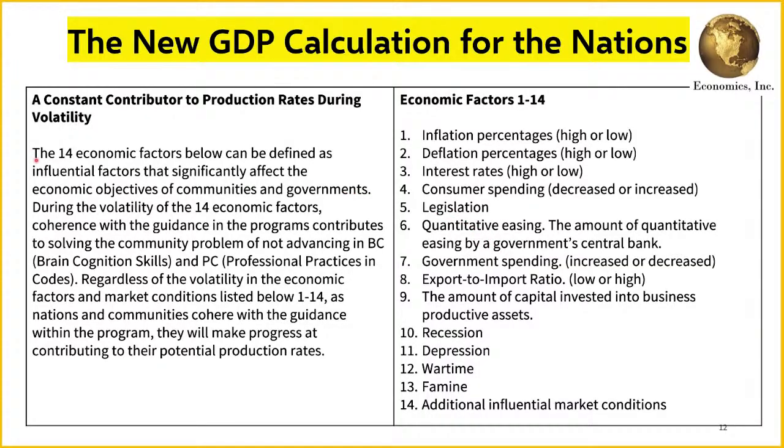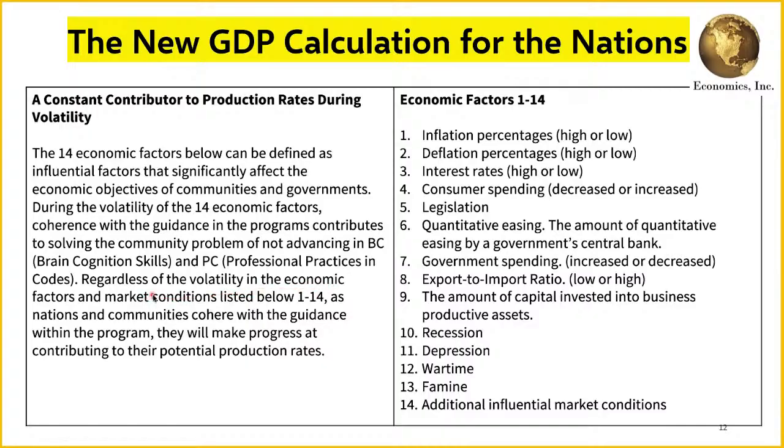So let's look at this briefly. During the volatility of the 14 economic factors, coherence with the guidance in the program contributes to solving communities within the nations, and specifically Nigeria, of not advancing in BC and PC practices, regardless of the volatility.